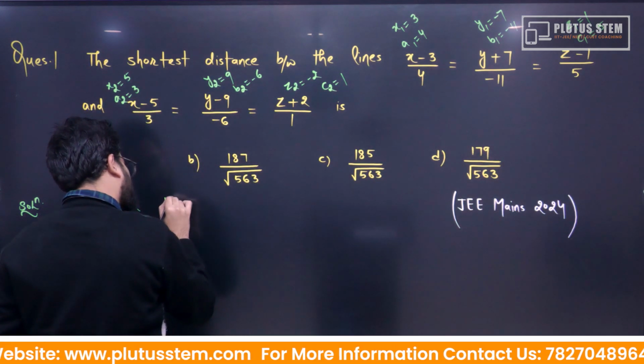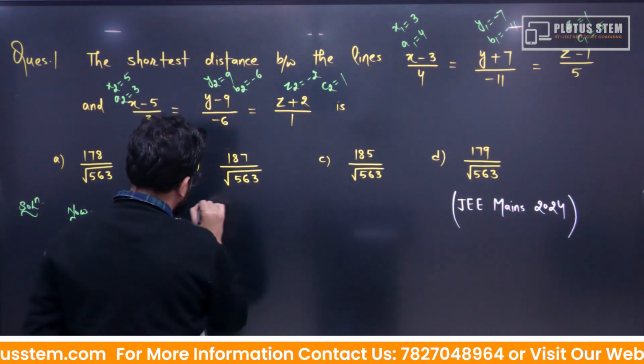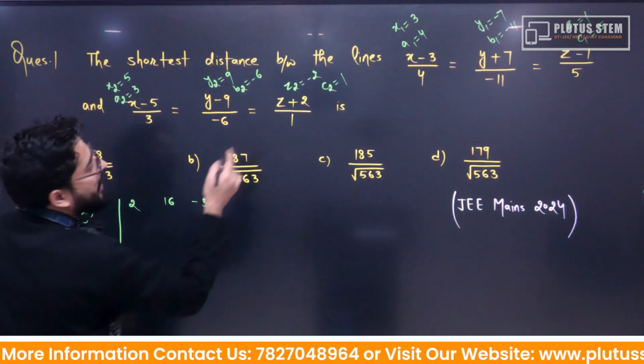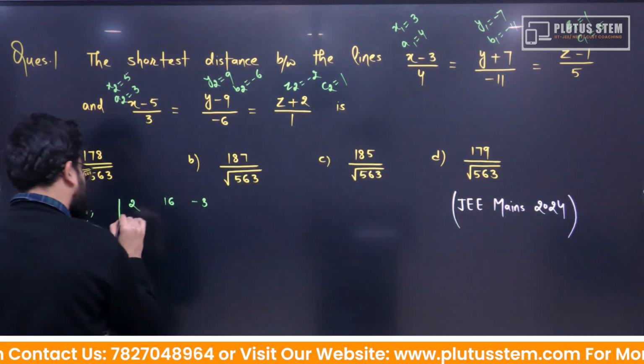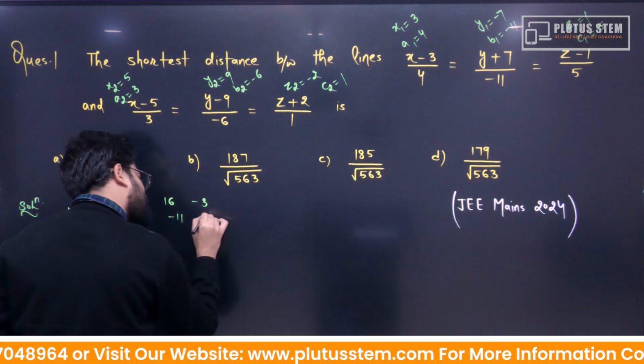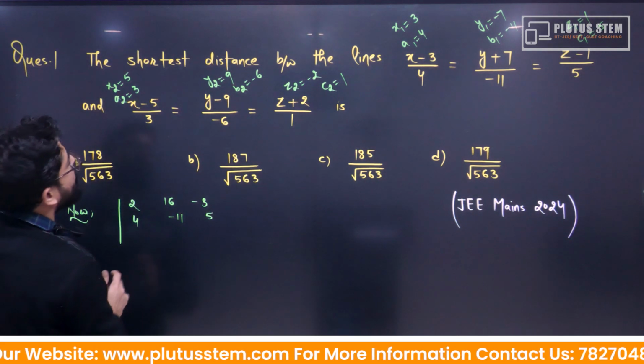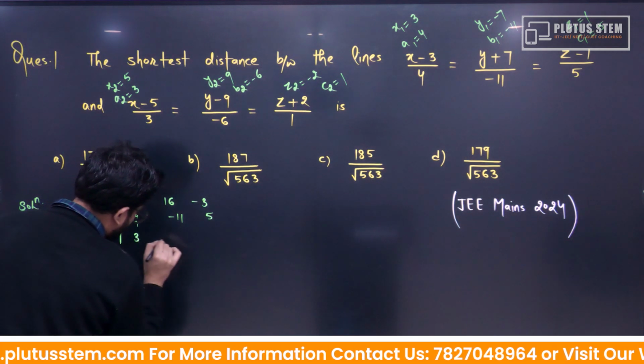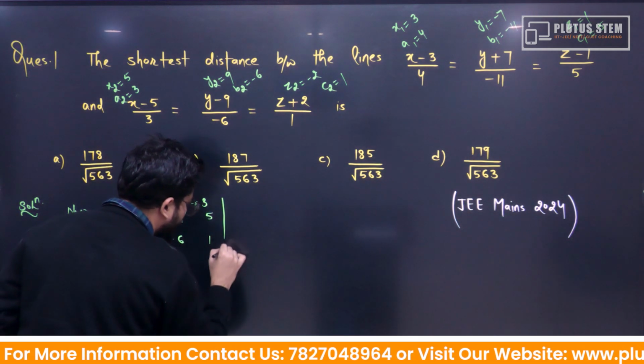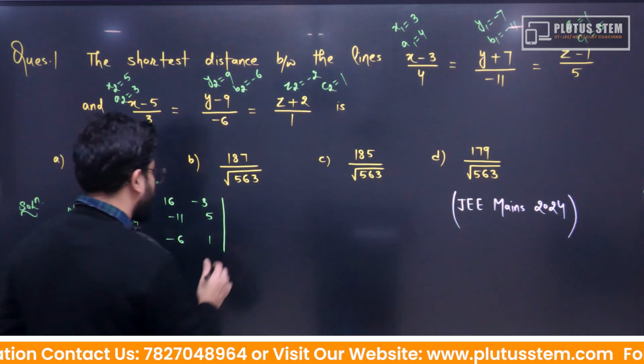y2 minus y1, that is 16. z2 minus z1, that is minus 3. Then a1 b1 c1 is 4, minus 11, 5, and a2 b2 c2 is 3, minus 6, 1.